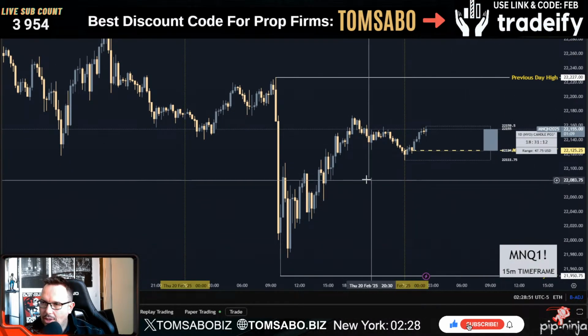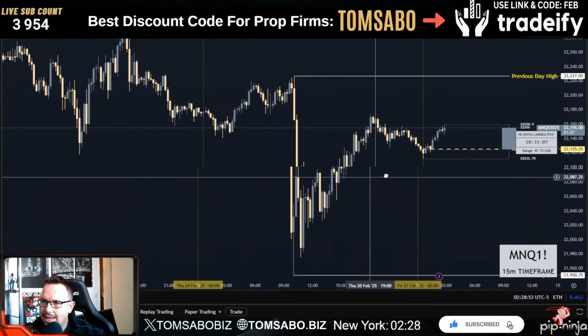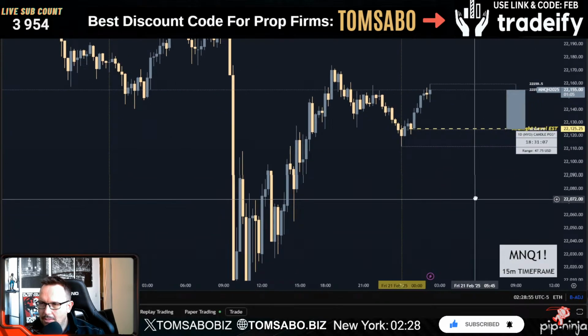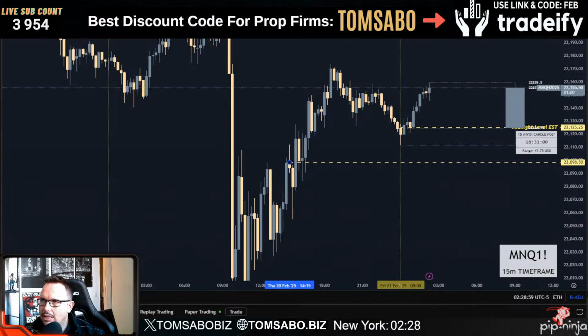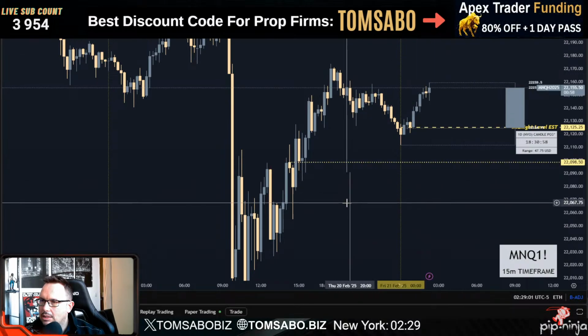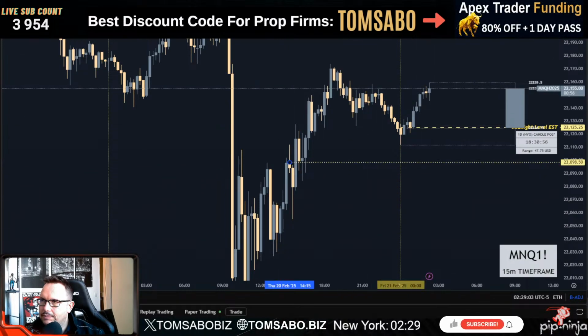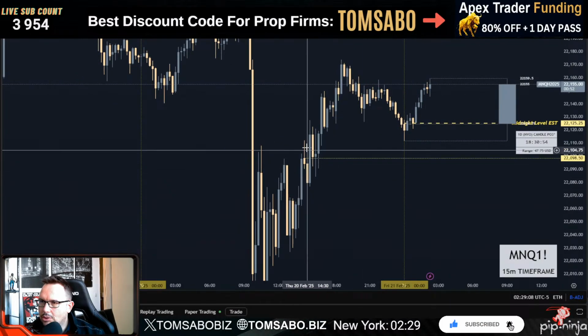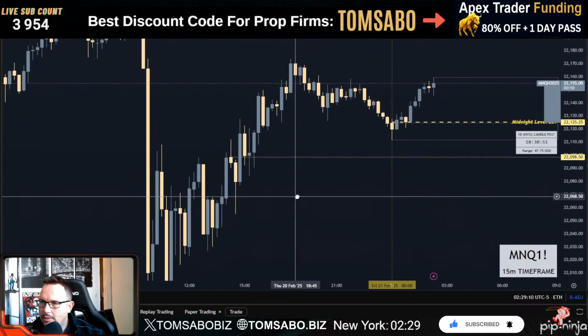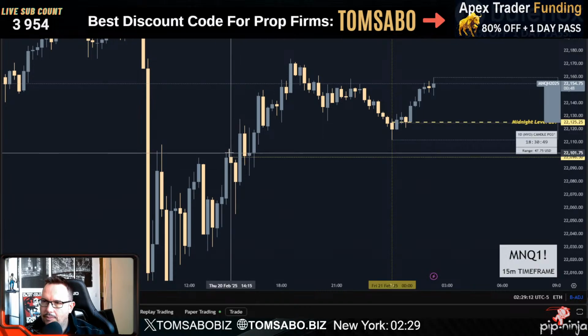Because there's just no level that I like. Maybe a short would be good. Look at this. We have a bullish order block, or demand zone, right here. Beautiful.